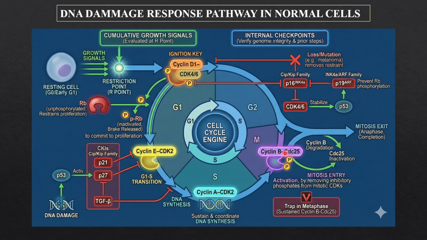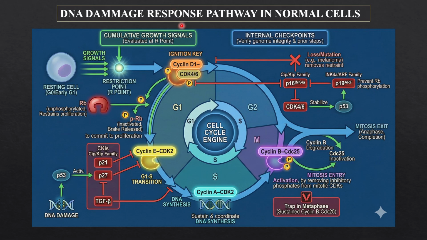Proper regulation ensures that mitosis proceeds correctly, and exit from mitosis involves degradation of cyclin B and inactivation of CDC25. At multiple stages, the cell uses internal checkpoints to verify genome stability and ensure that the earlier steps have been completed correctly.